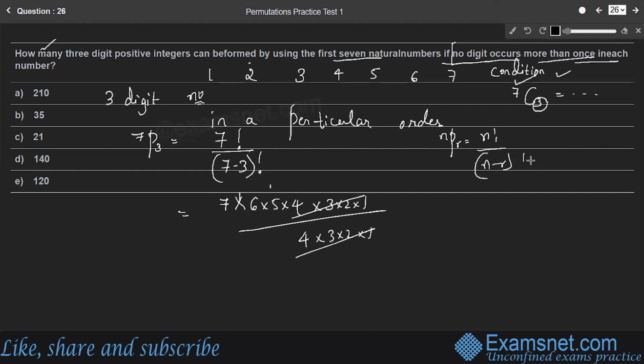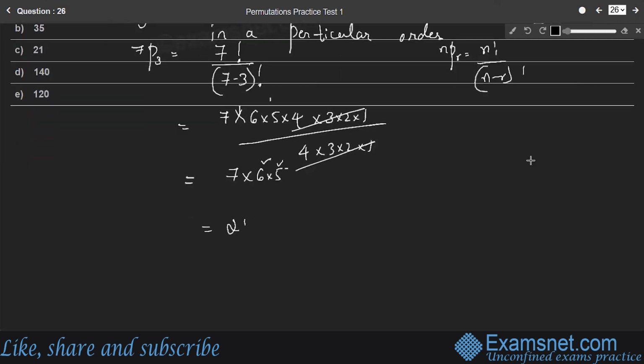This 4 factorial part will get cancelled. So we have 7 into 6 into 5. 6 into 5 is 30, and 30 into 7 is 210. So 210 such numbers can be formed.